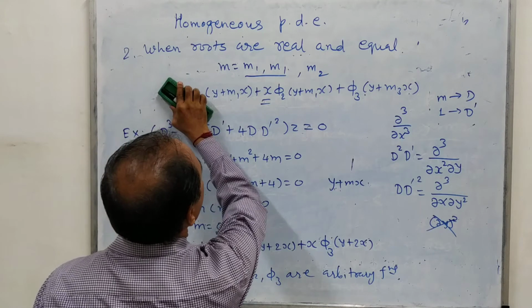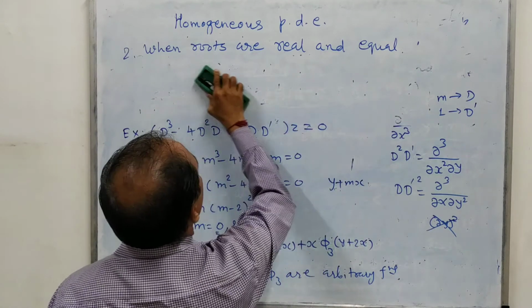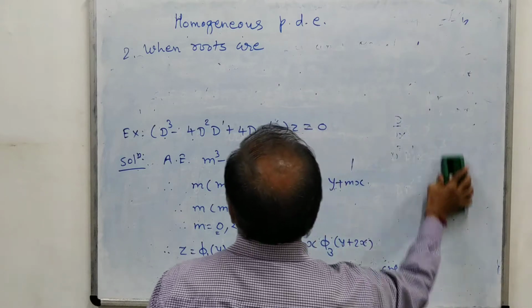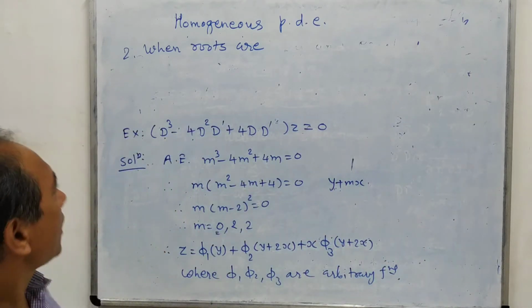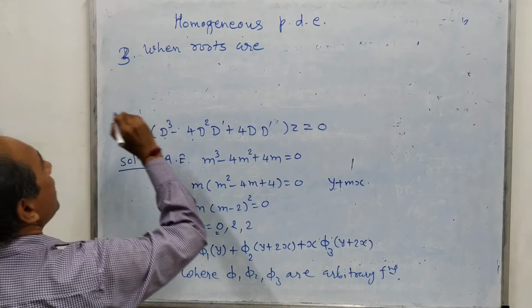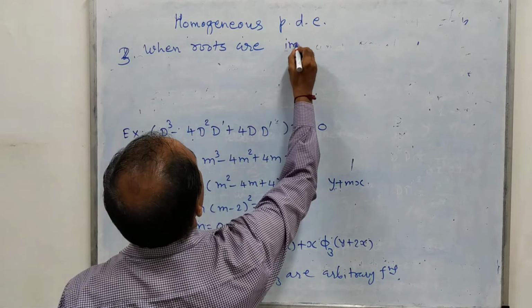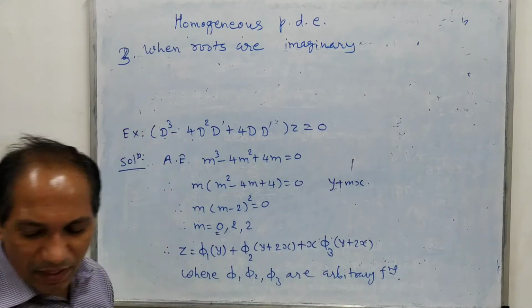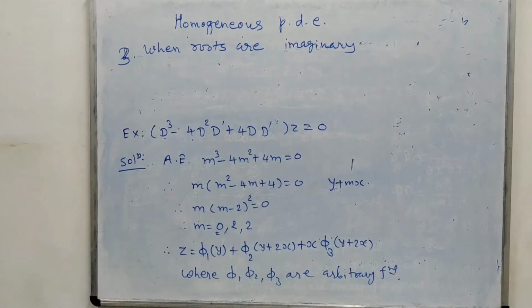Then let us see the third part, when the roots are imaginary. Okay. When the roots are imaginary, then also the solution is very easy to write down.